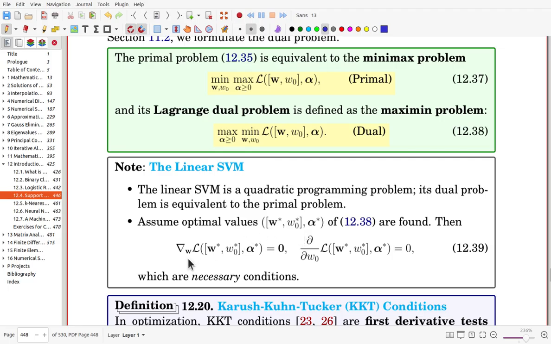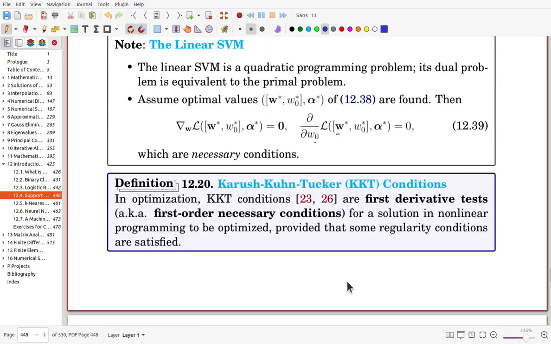So the gradient with respect to W of the Lagrangian evaluated at the optimal points must be 0, and also the W0 derivative at the optimal values must be 0. Okay, start with this one. We can collect some conditions, the necessary conditions. Then we can get the so-called KKT conditions.